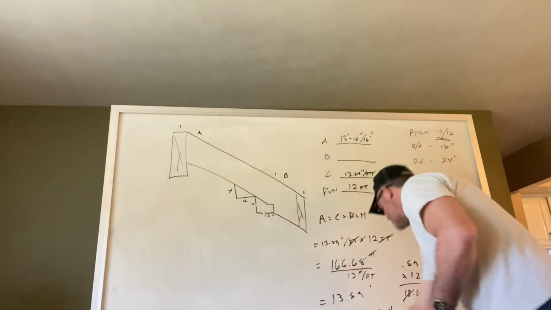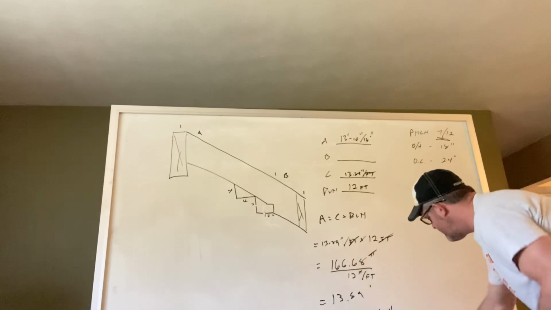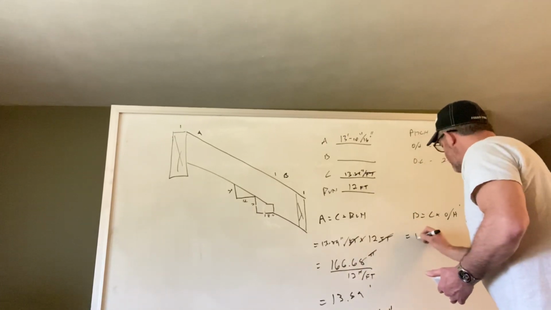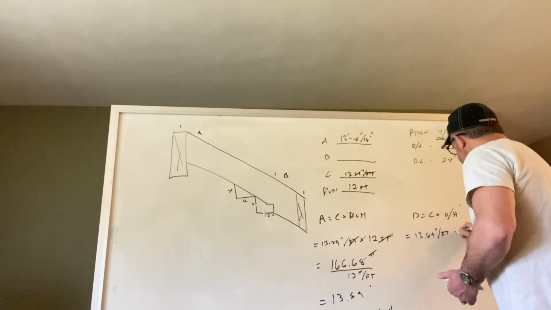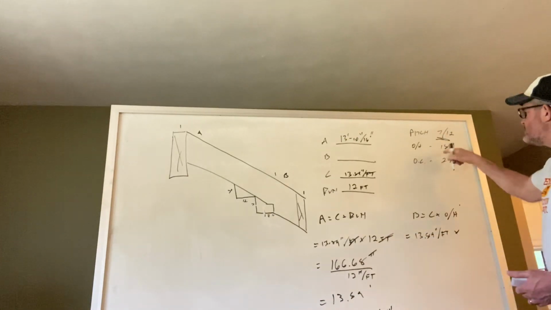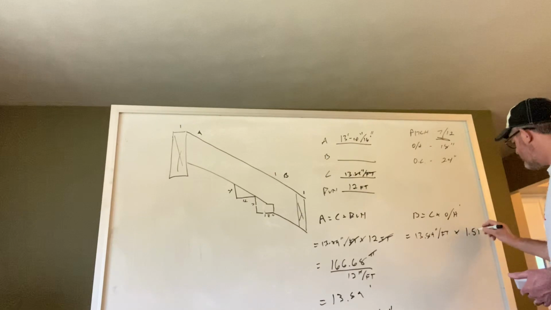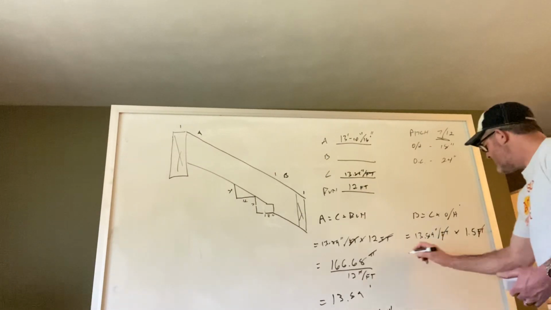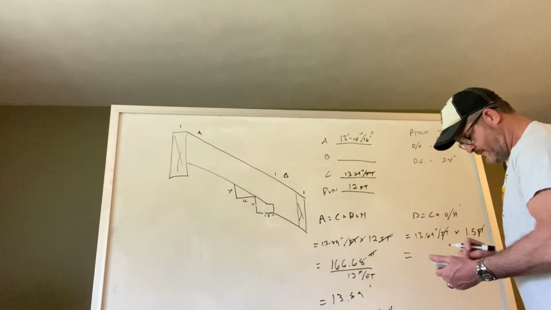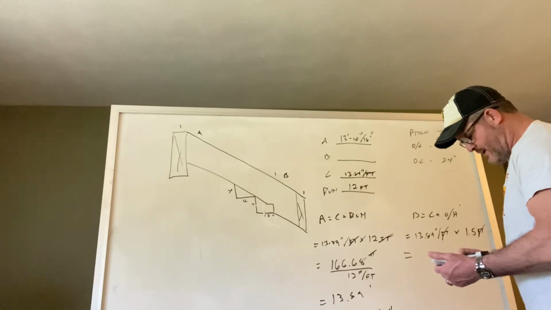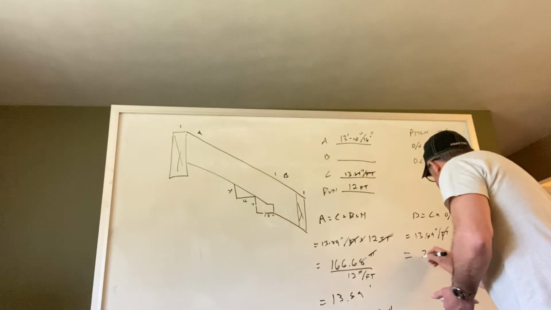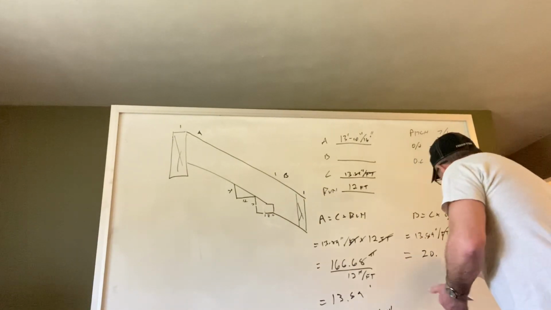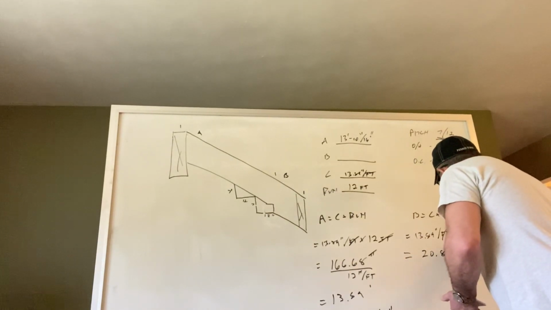Then I solve for my B. Again, the key there is that my overhang has to be in feet so that my feet will cancel. So 18 divided by 12, 1.5 feet. My feet cancel. So 13.89 times my 1.5, I get 20.835 inches.